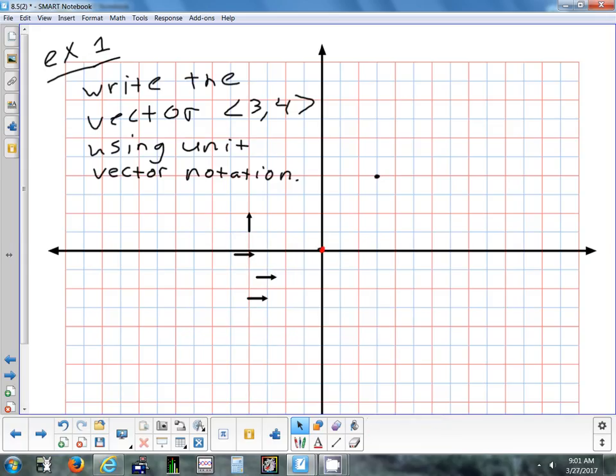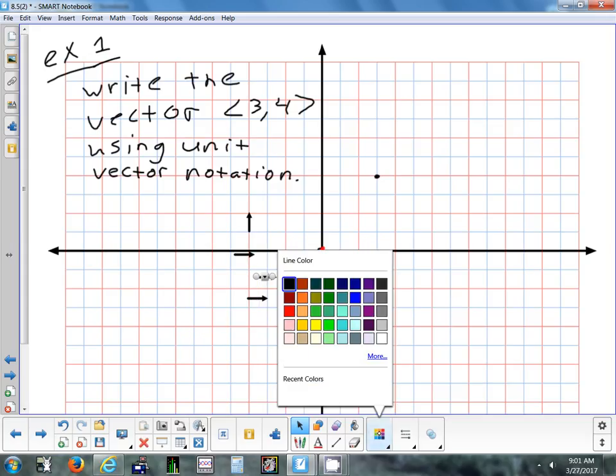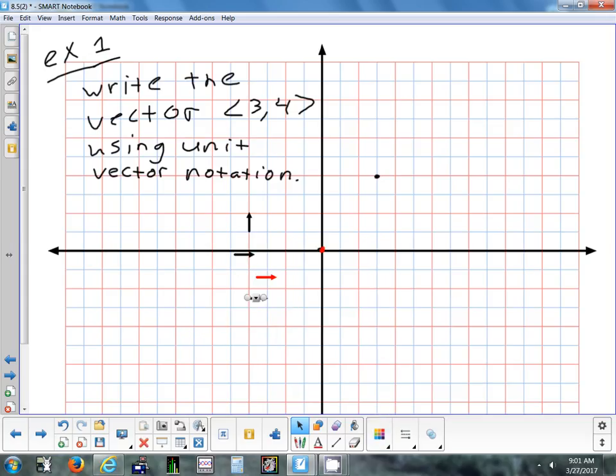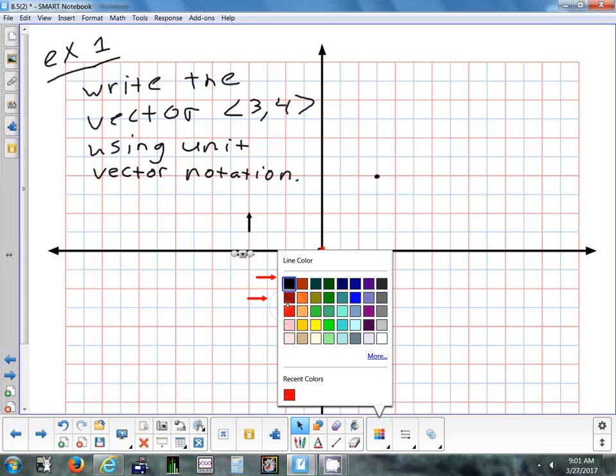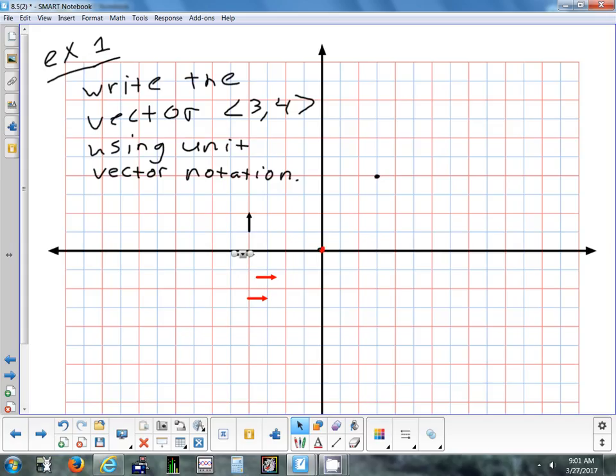Let's make them a different color, since they're going to be right on the axis, you won't see them very well. All right, so I've got 3 i's.